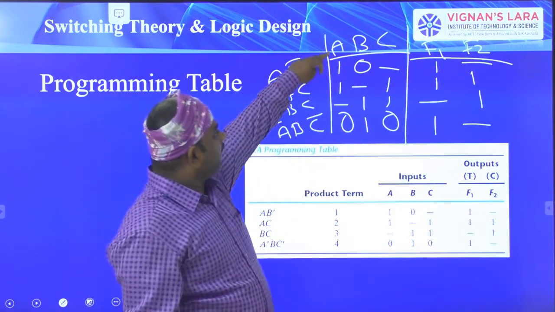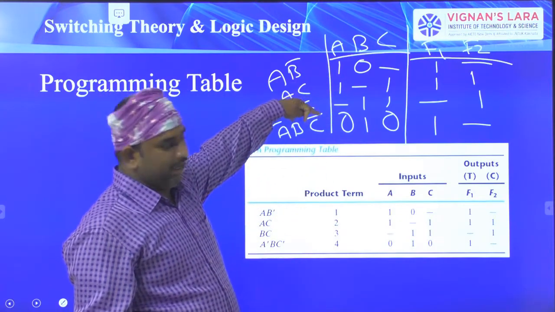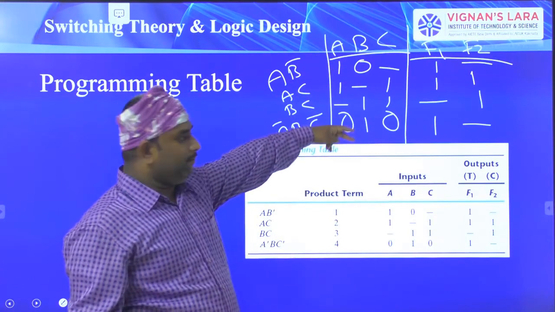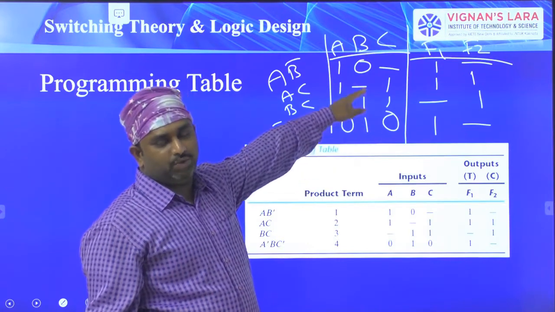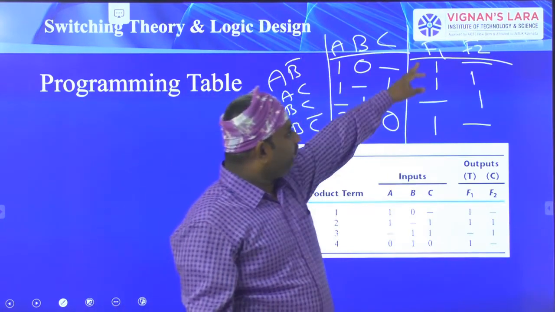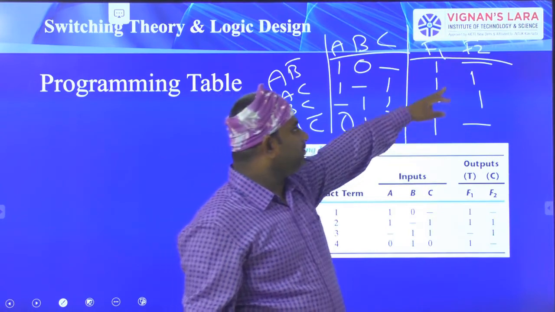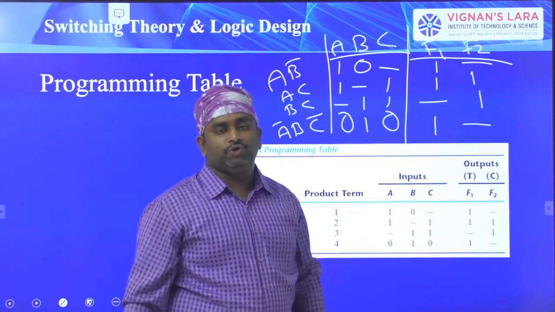See here, A is required in the form of A bar and A, B is required in the form of B and B bar, and C is required in the form of C and C bar. With the help of zeros and ones you can say this clearly. F1 is implemented with 3 minterms and F2 is implemented with 2 minterms.